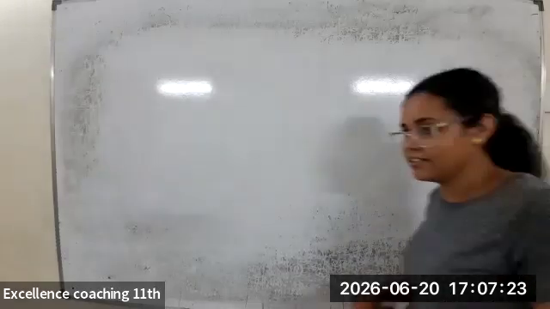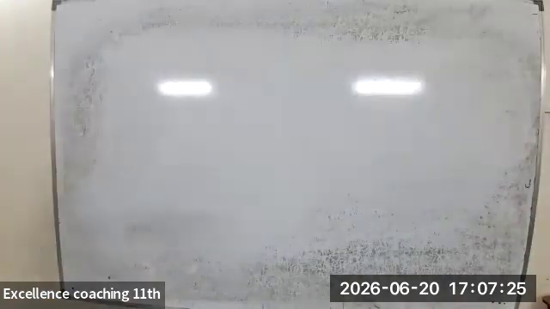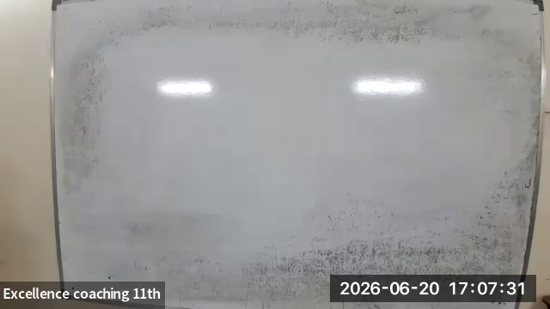Understood? See, percentage is given, right? Like glucose, I think 10%, 10% of glucose, okay? So it has something to do with the mass percent. Like 10% will be what? 10 grams of your solute, okay? Suppose your solute is 10 grams, what will be the solvent?